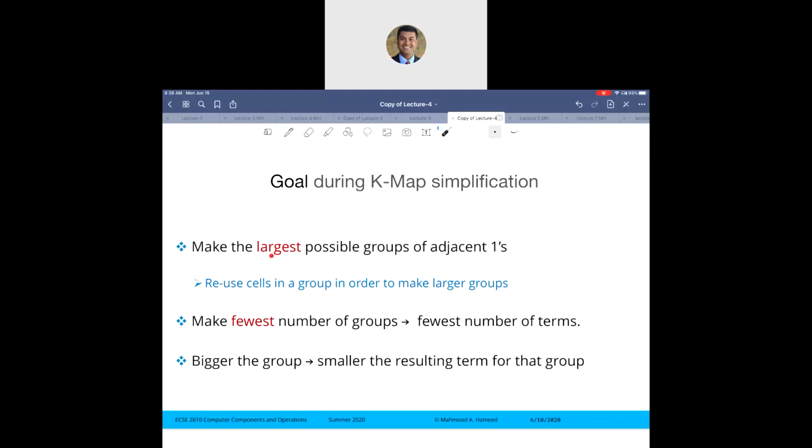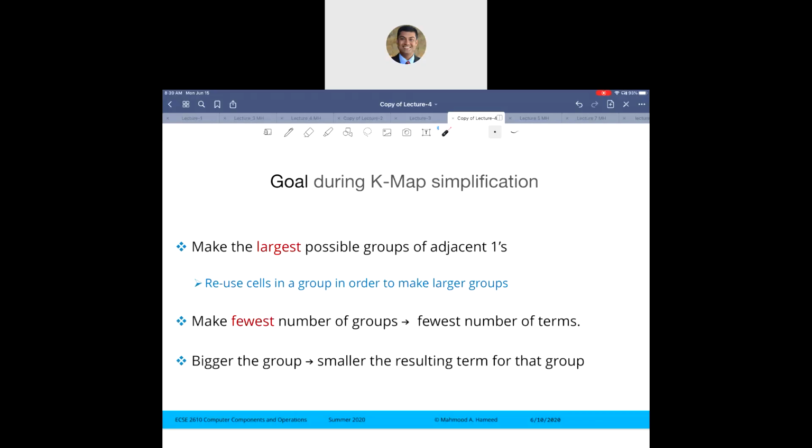So make the largest possible groups, reuse cells in a group in order to make larger groups. So you're trying to make larger and larger groups, and while you're making larger groups, you may need to reuse cells, and you should reuse cells to make larger groups.